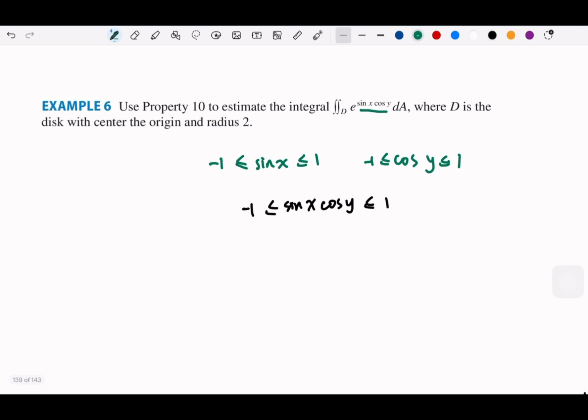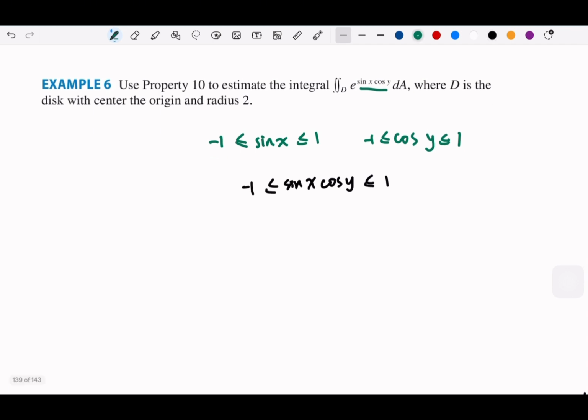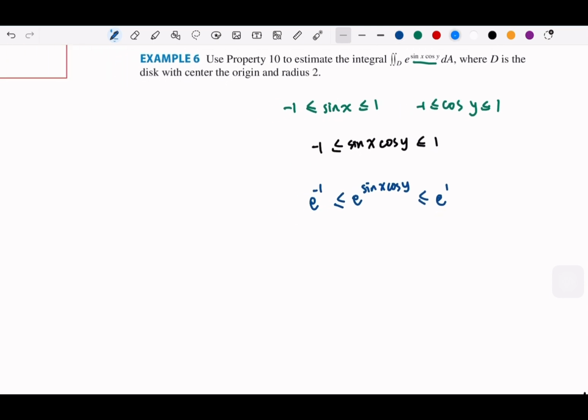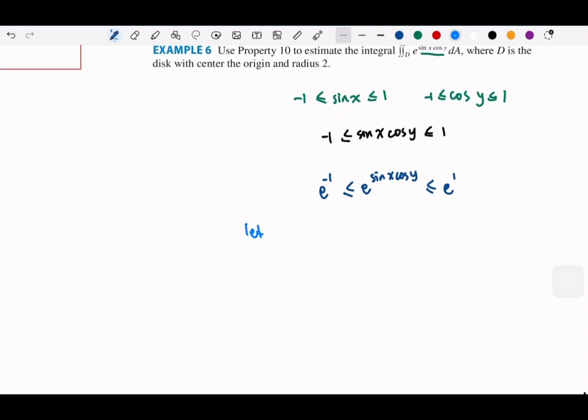So if we take sine x cosine y as the power of e, then we will have e to the power of -1 and e to the power of 1, which means this will be a constant. So let the small m be e to the power of -1 and the capital M be e.